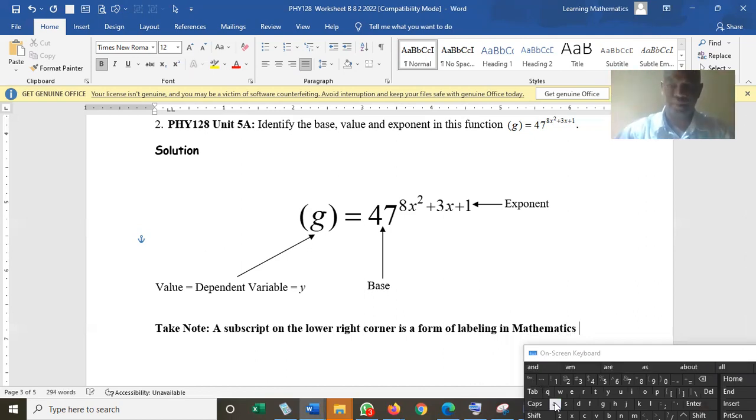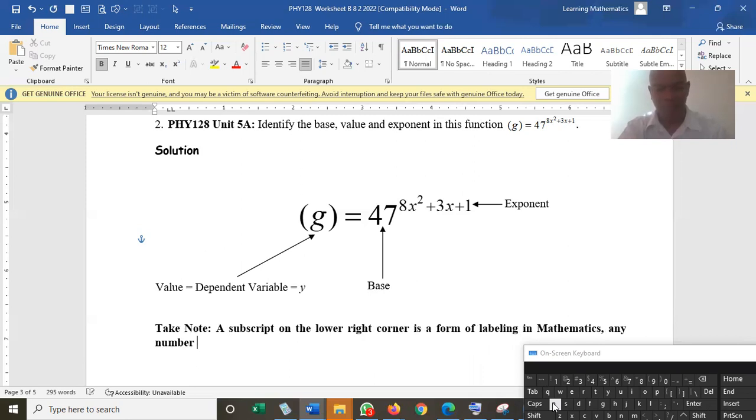Any number that is placed there is simply labeling the position of the base.